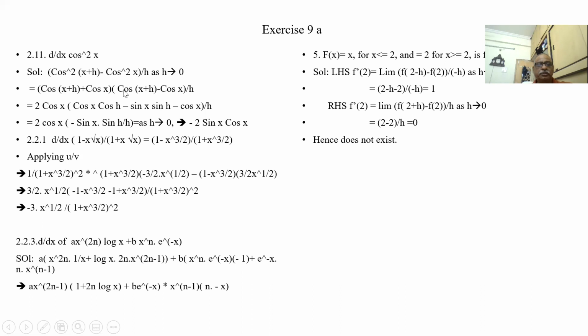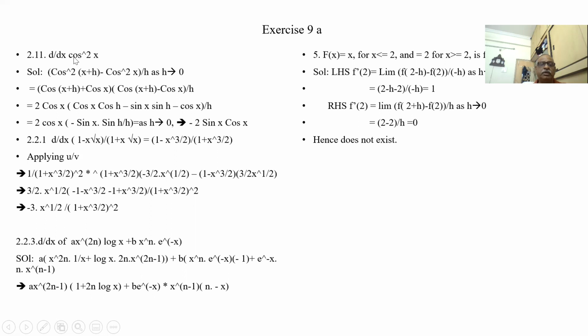So 2 cos x into (cos x cos h minus sin x sin h minus cos x) by h. So here, when h is 0, cos h is 1, so cos x minus cos x getting cancelled. So this becomes 2 cos x into minus sin x sin h by h. We know sin h by h, limit h tends to 0, is 1. So minus 2 cos x sin x, that means minus sin 2x.